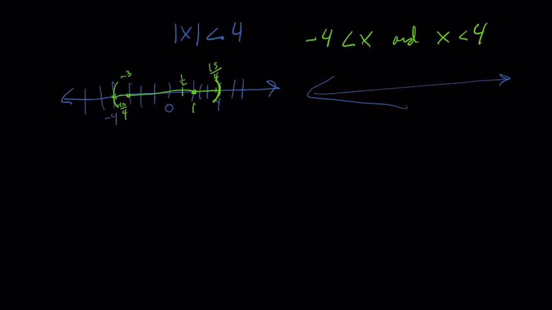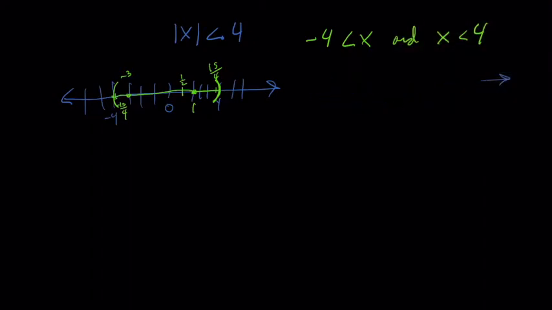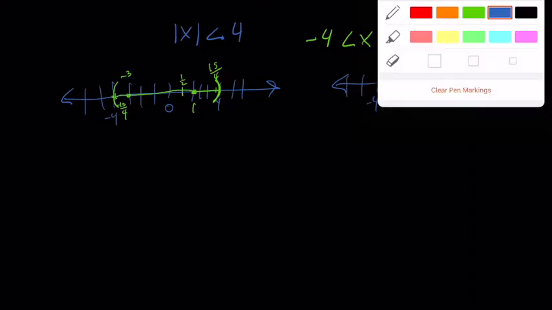And if I was to graph both of these on a number line, oh, this is a really ugly number line. Let's try and make it a little prettier. If I was to graph both of these inequalities on a number line, my solution set would be where they overlap or where they intersect.